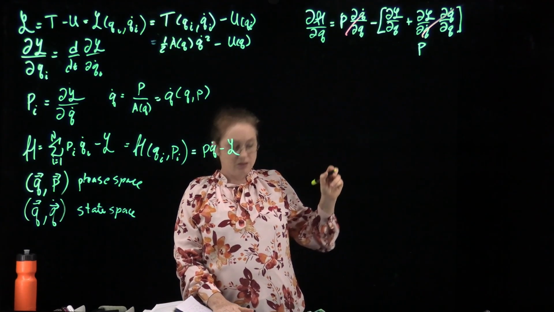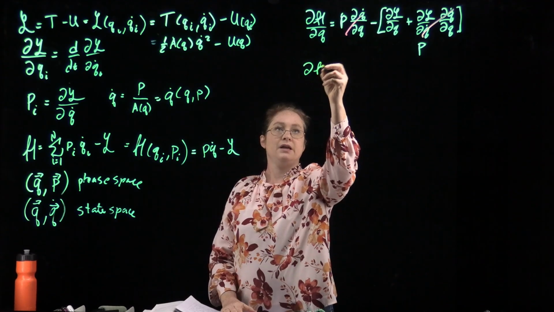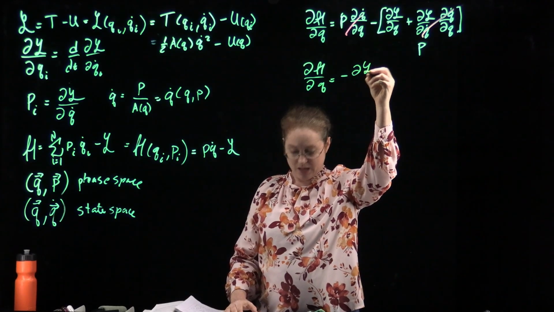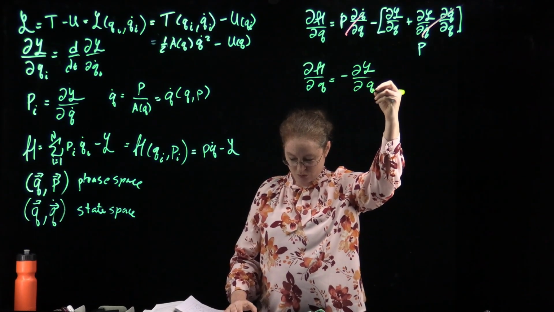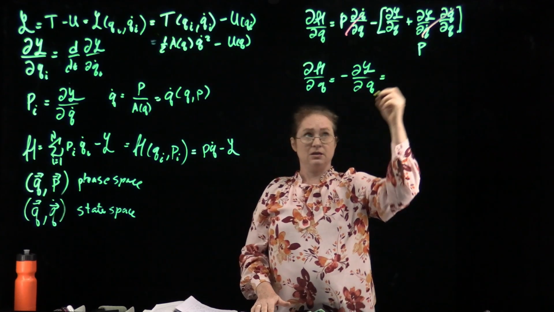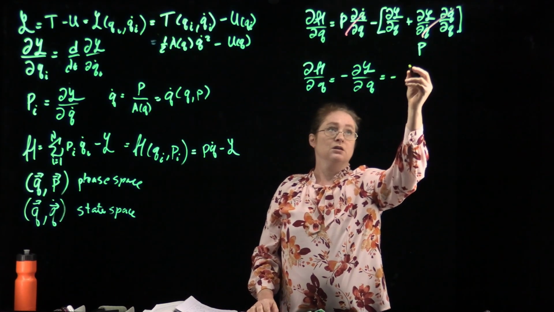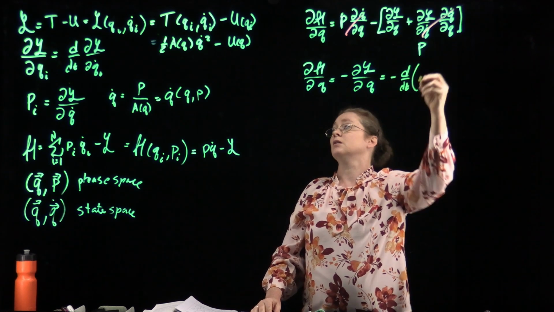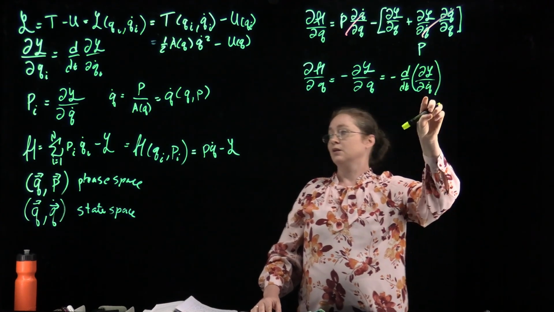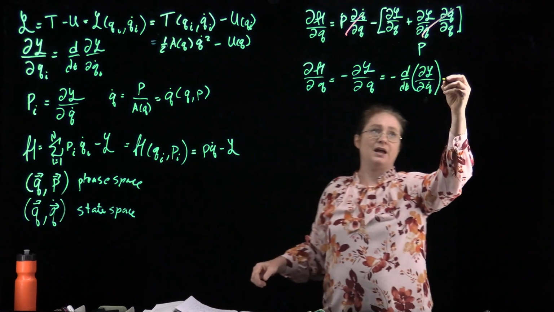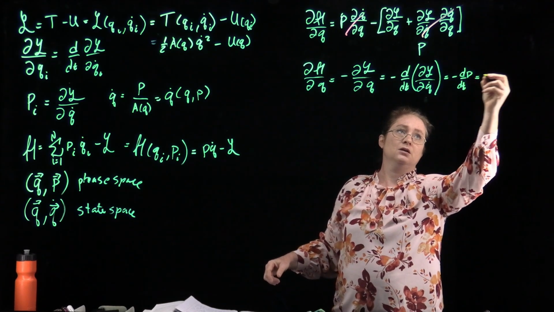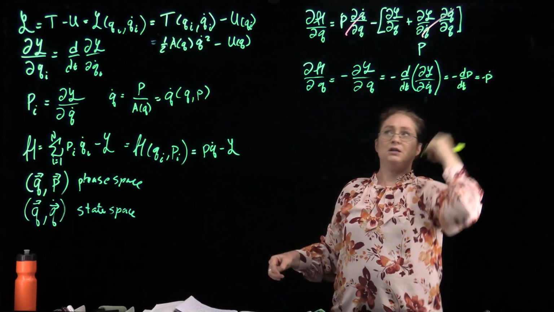We get that partial H partial q equals negative partial L partial q, except now we can use Lagrange's equations, and this is negative d/dt partial L partial q̇, which is in fact d/dt of p, so this is negative ṗ.